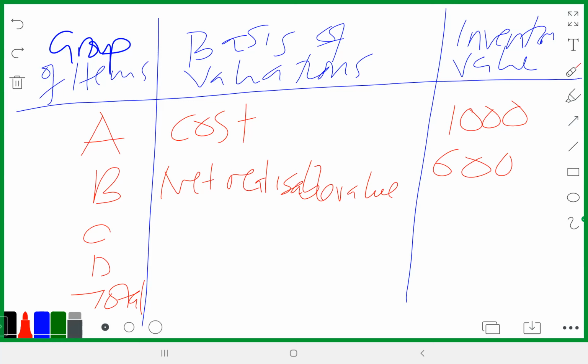Then the C item as well, we can still do this at the net realizable value.